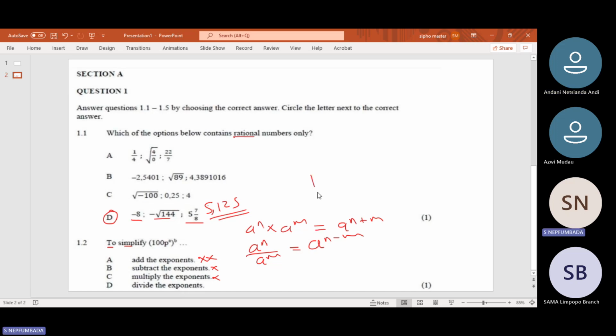Yes, we multiply the exponents, because this one is going to be p to the power 2 multiplied by b. We have multiplied the exponents. This thing you are going to learn until you reach grade 12, multiplying the exponents. Are we satisfied now? Then we'll proceed.